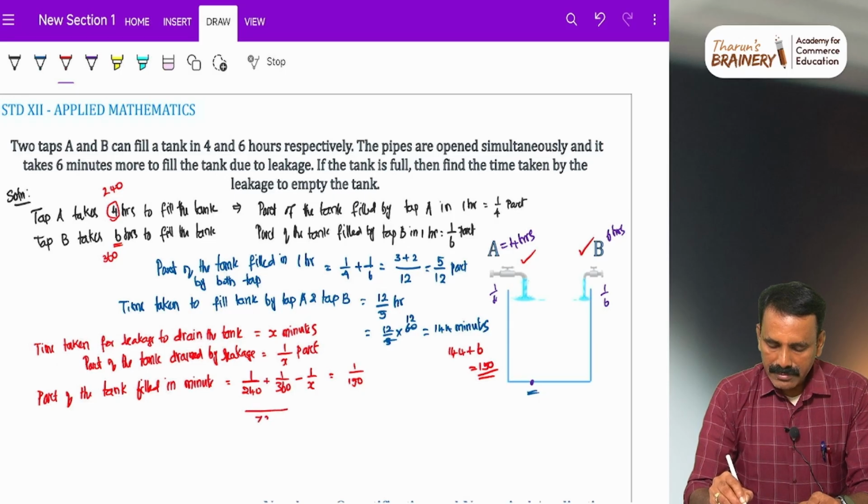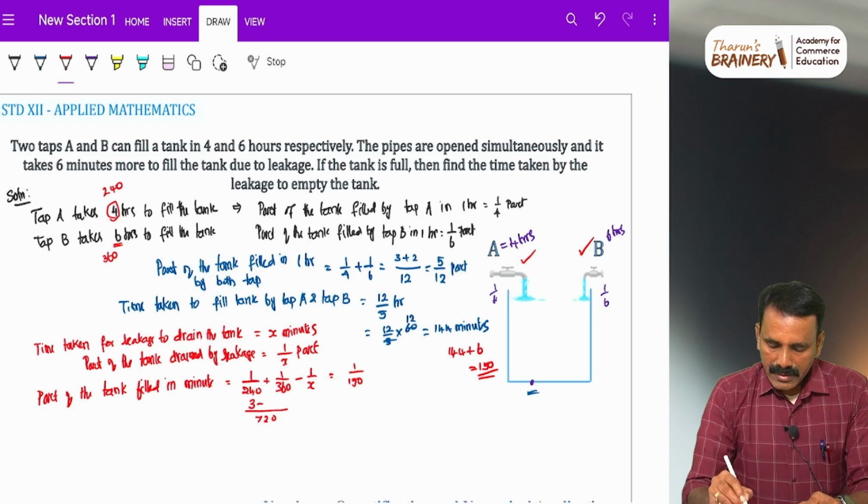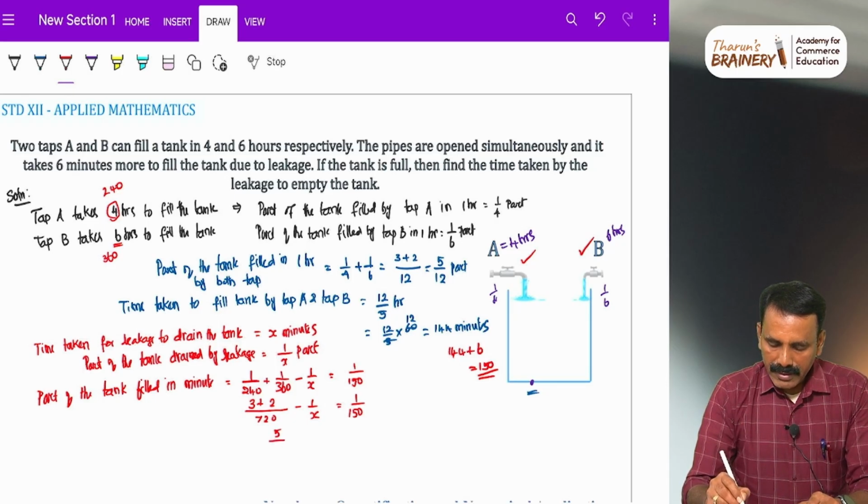720 is the LCM. So this is 3 times, and in 720 360 will go 2 times, minus 1 by x is equal to 1 by 150. We simplify this expression. So 5 divided by 720 minus 1 by x is equal to 1 by 150.